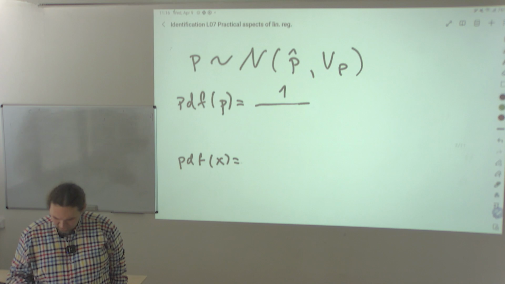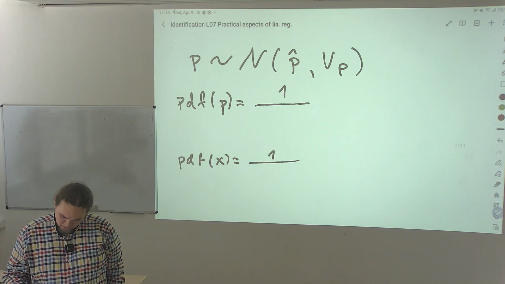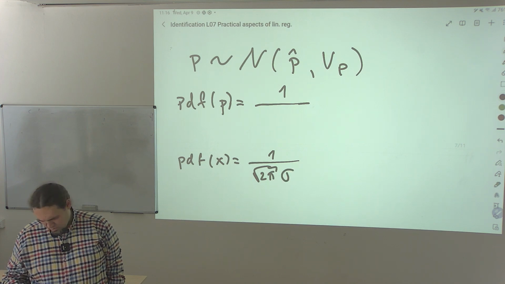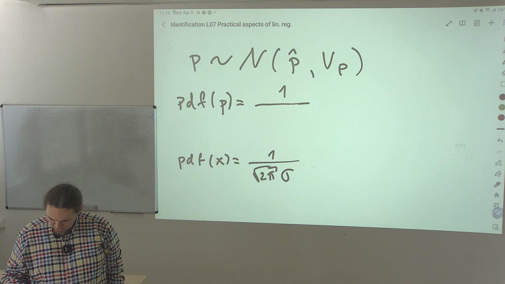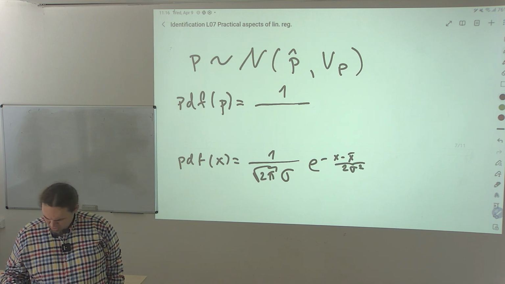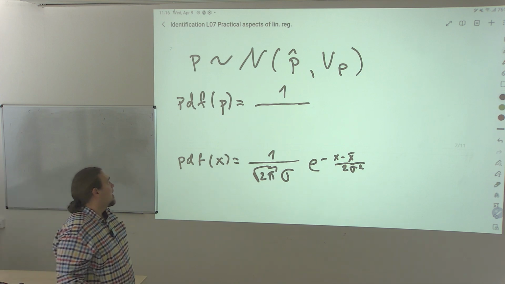If you recall the scalar case, what did we have there? We had the square root of 2 pi and sigma, and we had the exponential function of x minus x bar divided by 2 sigma square, something like this.